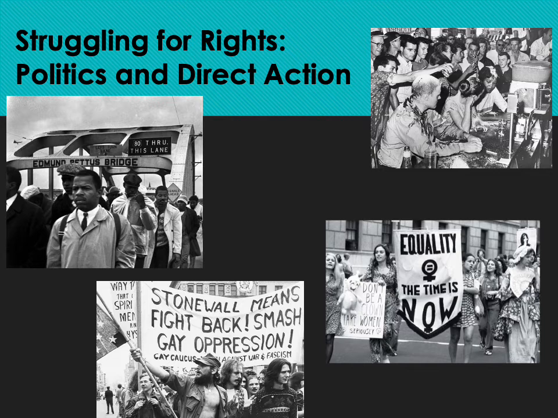What about from the early part of the 20th century to the mid part of the 20th century? Well, these photos show you some of the direct action and political movements that were taking place in the 1950s and the 1960s. On the left-hand side here, you see John Lewis, who recently died, who marched over the Edmund Pettus Bridge in Selma, Alabama.